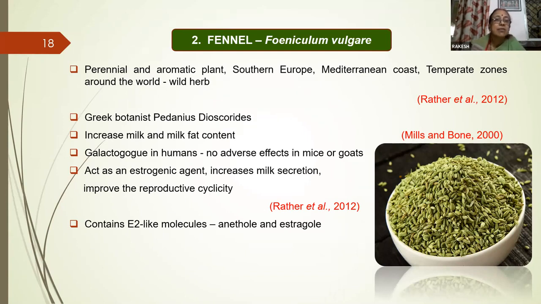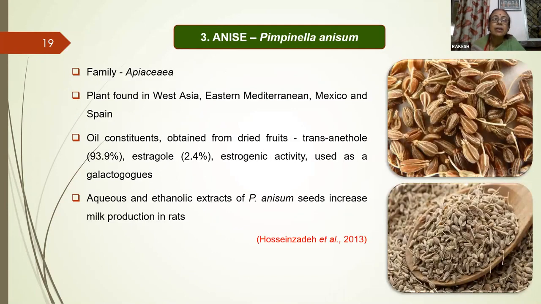It increases the milk and milk fat content. This galactogogue is used in human beings, human ladies, and there is no adverse effect in mice or goats. It acts as an estrogenic agent, increases milk secretion, improves reproductive cyclicity, and contains estrogen-like molecules, anethole and estragole.